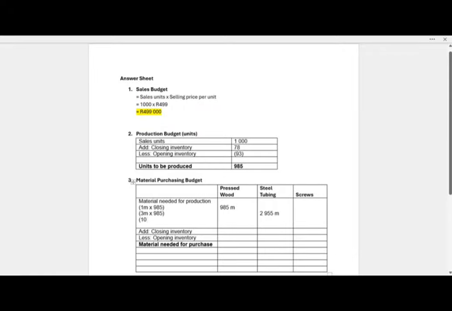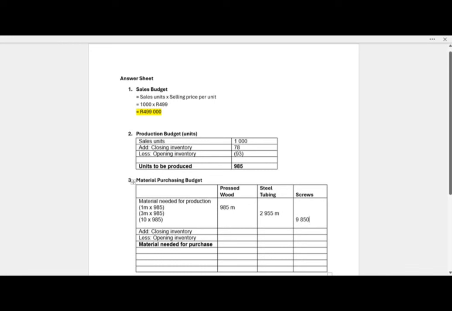So it's going to be 10 screws multiplied by 985 desks. Let's put that on the calculator: 10 multiplied by 985. I am getting 9,850 screws needed to produce 985 desks. All right, that's what I'm getting.